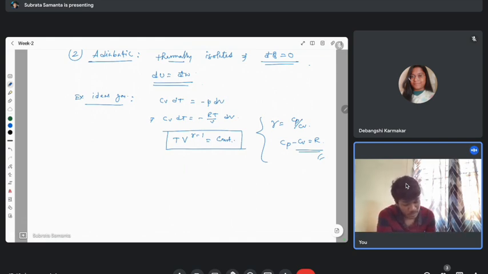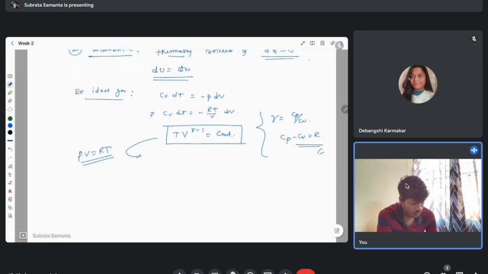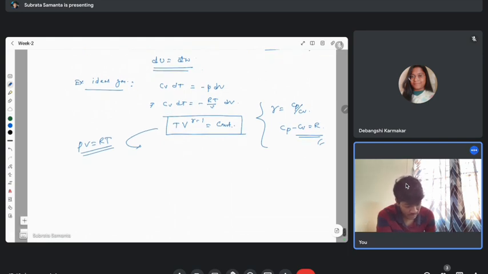Now you use the equation of state, PV equals RT. So we get another relation: P to the power 1 minus gamma, T to the power gamma equals constant.